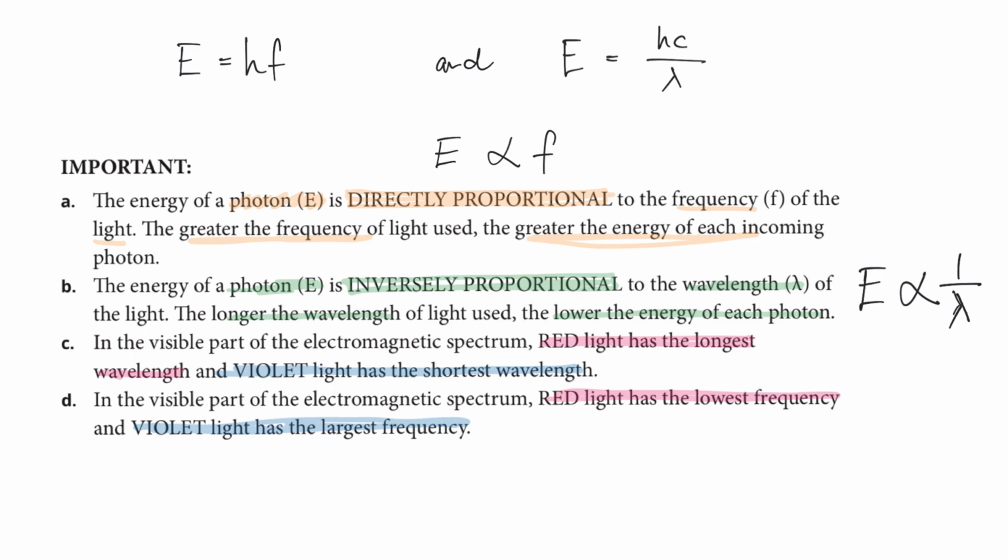Very, very important. They're going to ask you theory-based questions on these. Understanding that red light has the longest wavelength, it means red, yellow, maybe orange. Blue light or violet light, that's violet and indigo on that side of the spectrum, on the right-hand side of the spectrum. So please make sure that you know the difference.